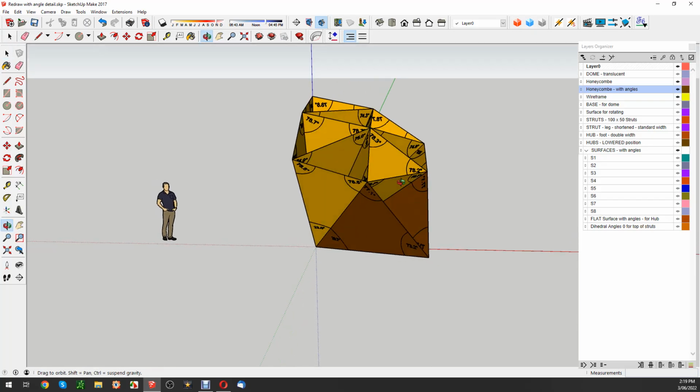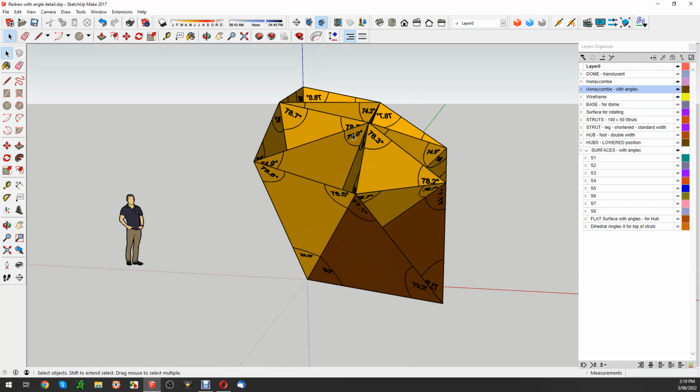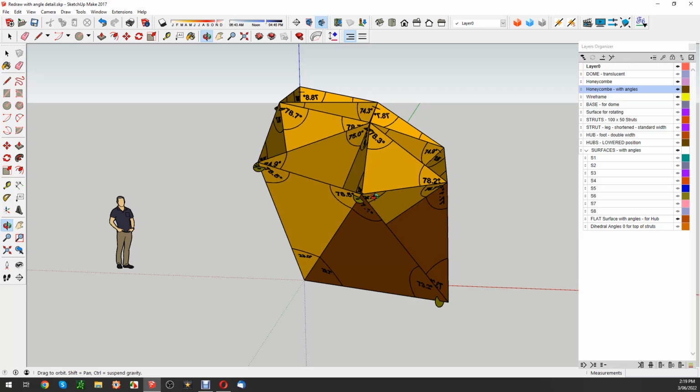So within this resource, I have the angles that I think will be necessary for my projects. Anyone drawing their dome would of course get different outcomes for the angles, and that would be up to you.